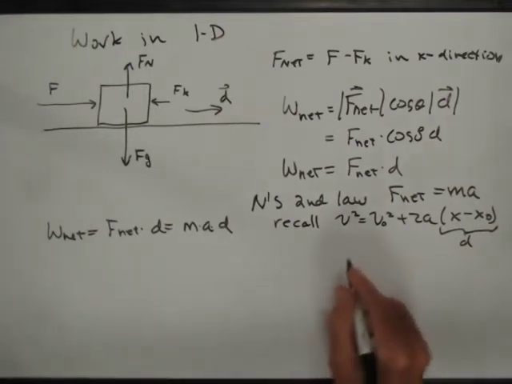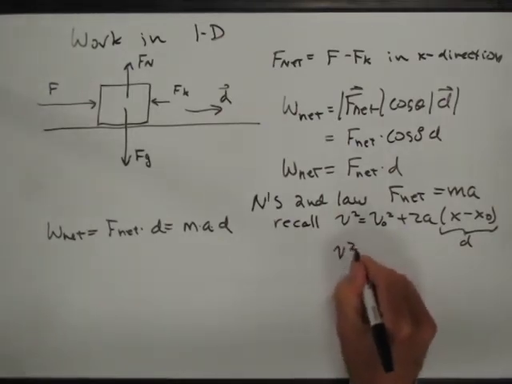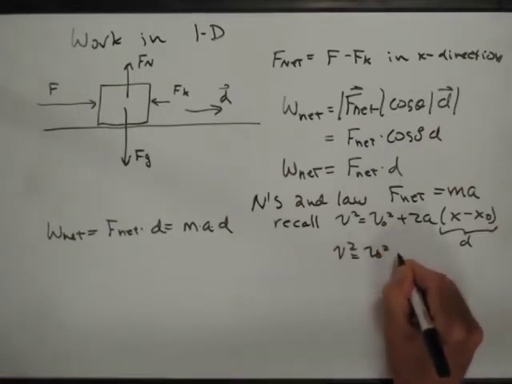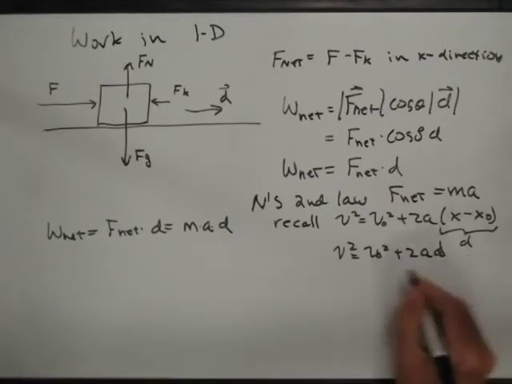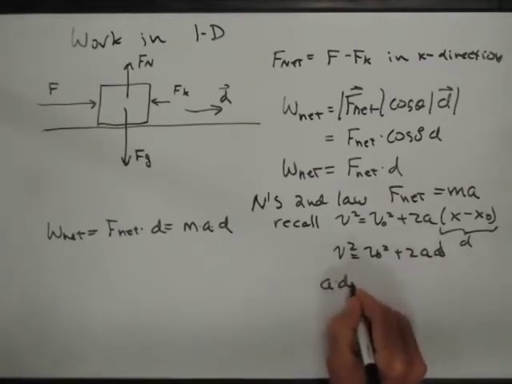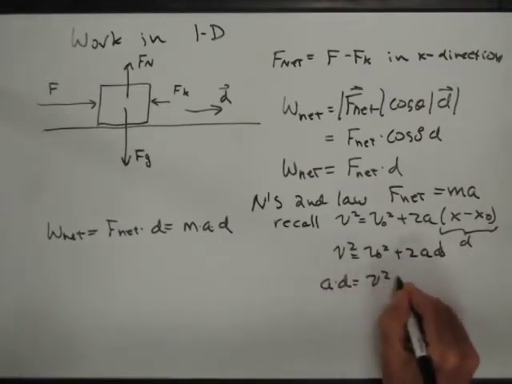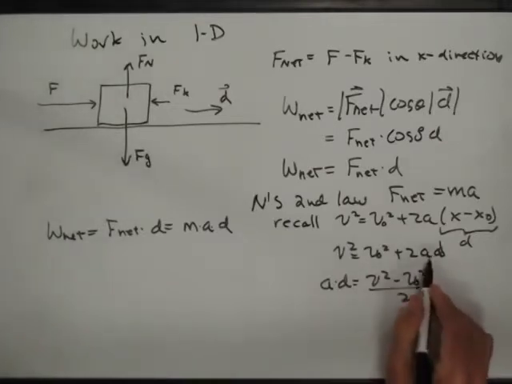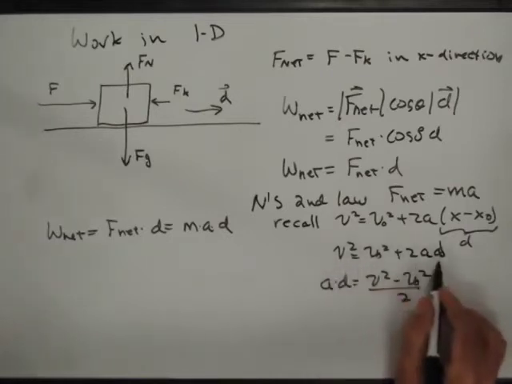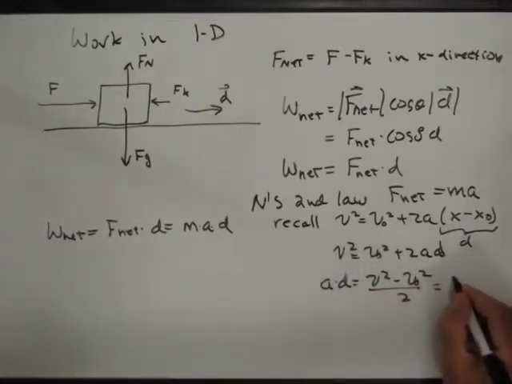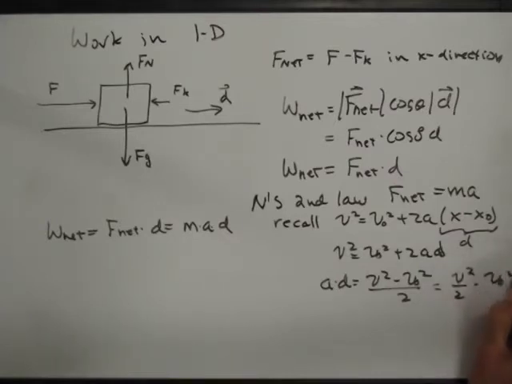So I could write this as v squared equals v naught squared plus 2a times d, or a times d is equal to v squared minus v naught squared over 2. You see what I did there? I moved this to the other side with a minus sign. That gives me 2ad, and I divided both sides by 2, so it's equal to v squared over 2 minus v naught squared over 2.